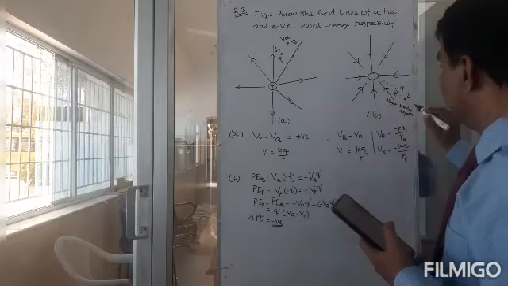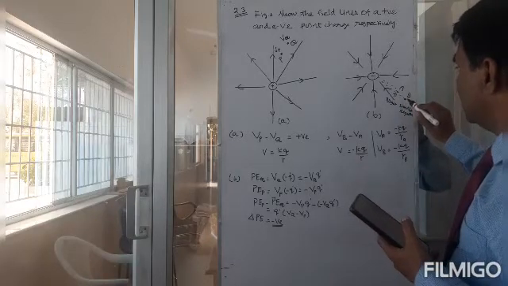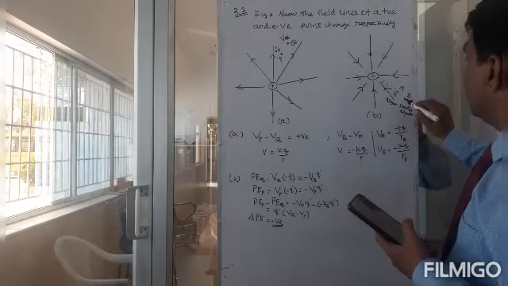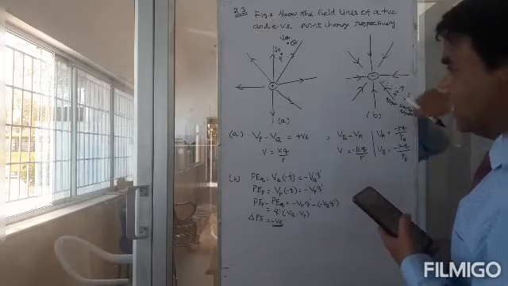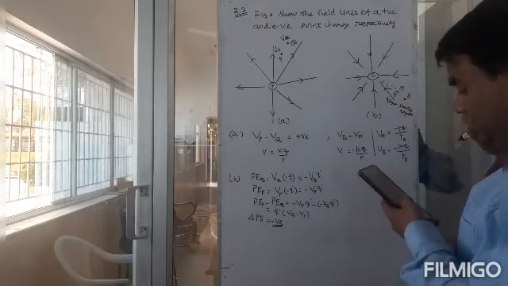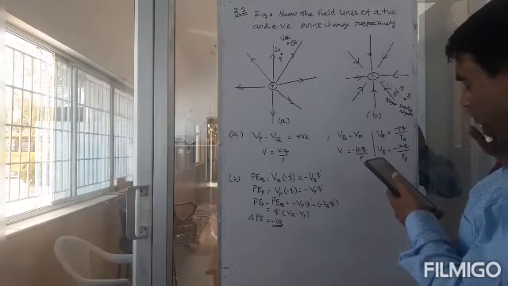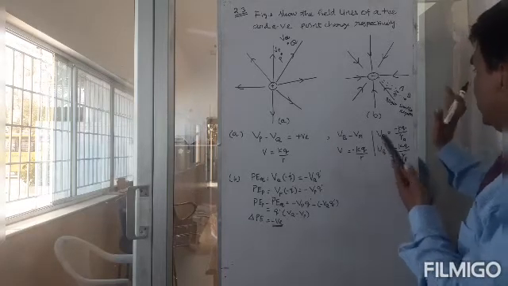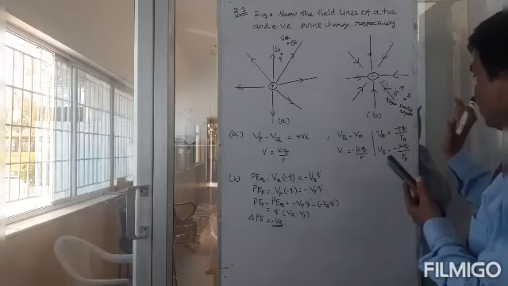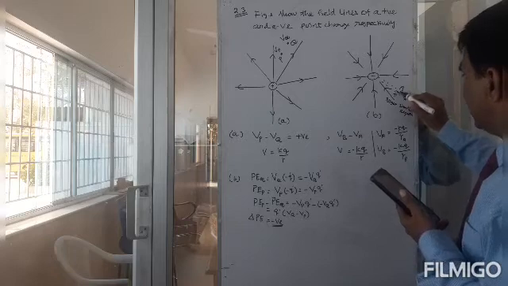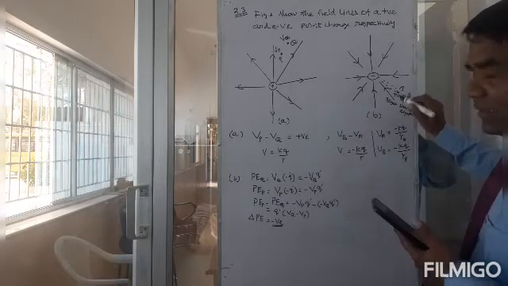Same thing. So if you have a negative charge here, what would it do? It would try to push it in this direction. Okay. So suppose it goes from A to B. That is the thing. Okay.